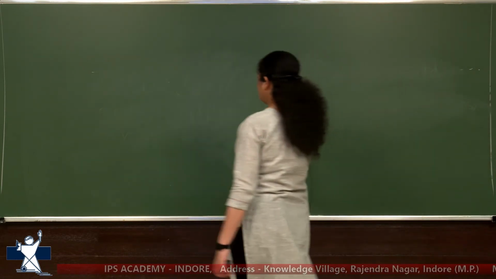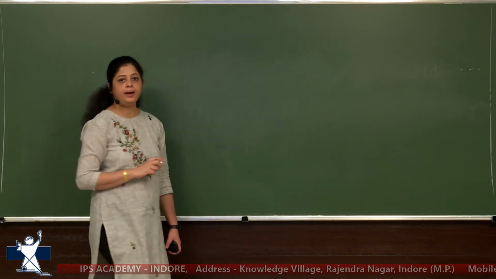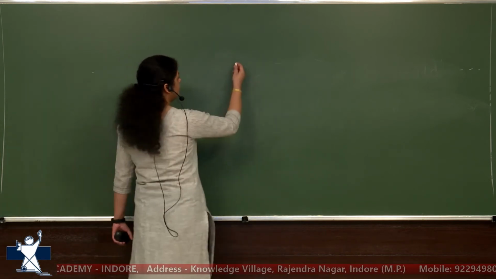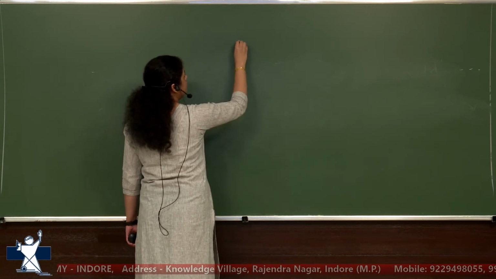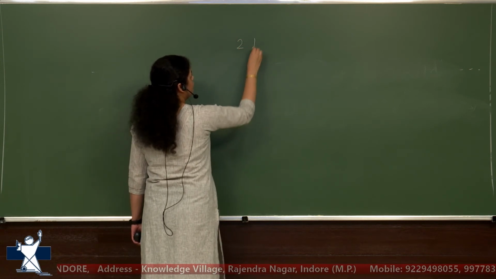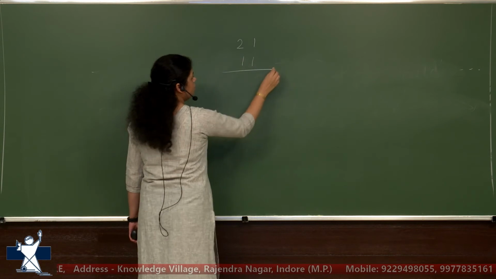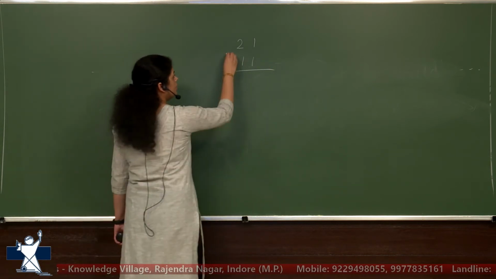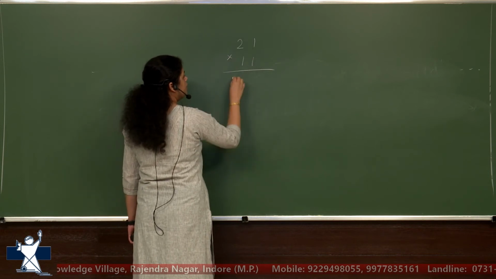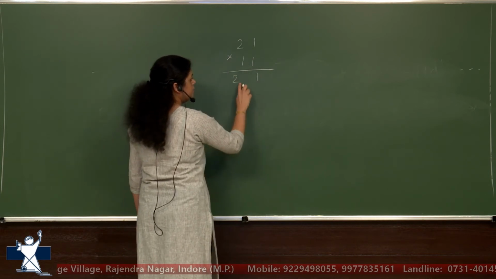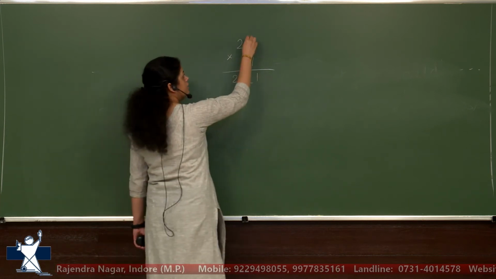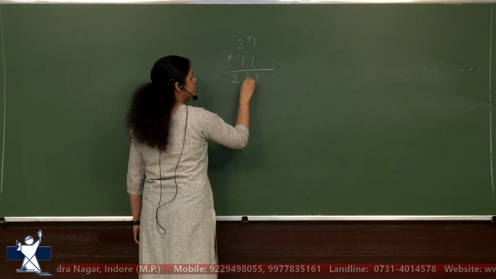Now for multiplication, any number if you want to multiply. First we will see for 11. So any number, if you want to multiply by 11, what trick do we apply? We write the number's digits as they are, leave a gap, add the digits and fill the gap.